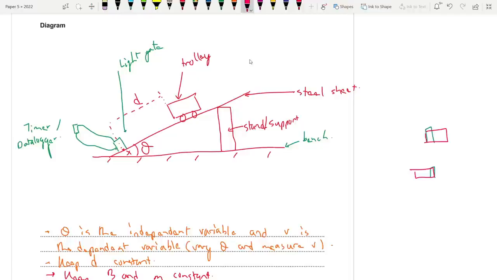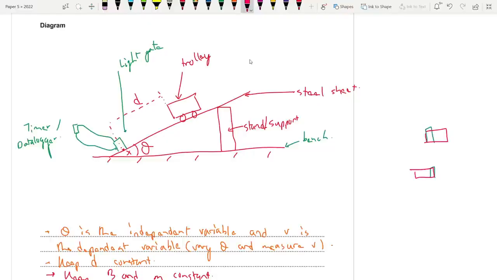So we can find out the length using a card that has been interrupted, and we're going to get the reading as well, how long light was interrupted for. So using that information, we can find out velocity.